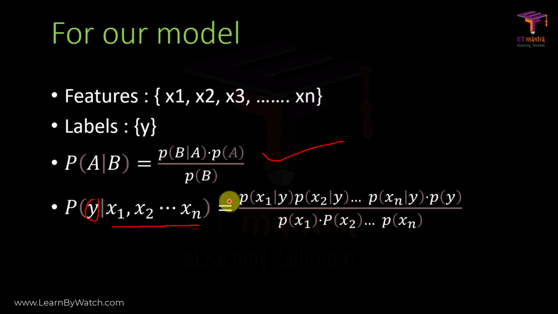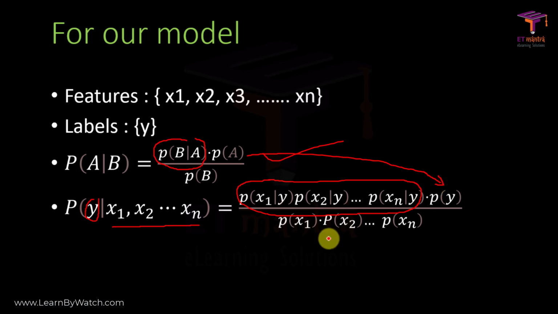So similarly, extending this to our model, we have p of x1 by y into p of x2 by y, and so on till p of xn by y, which corresponds to this one, and then into p of y, which is this thing, and divided by p of b.